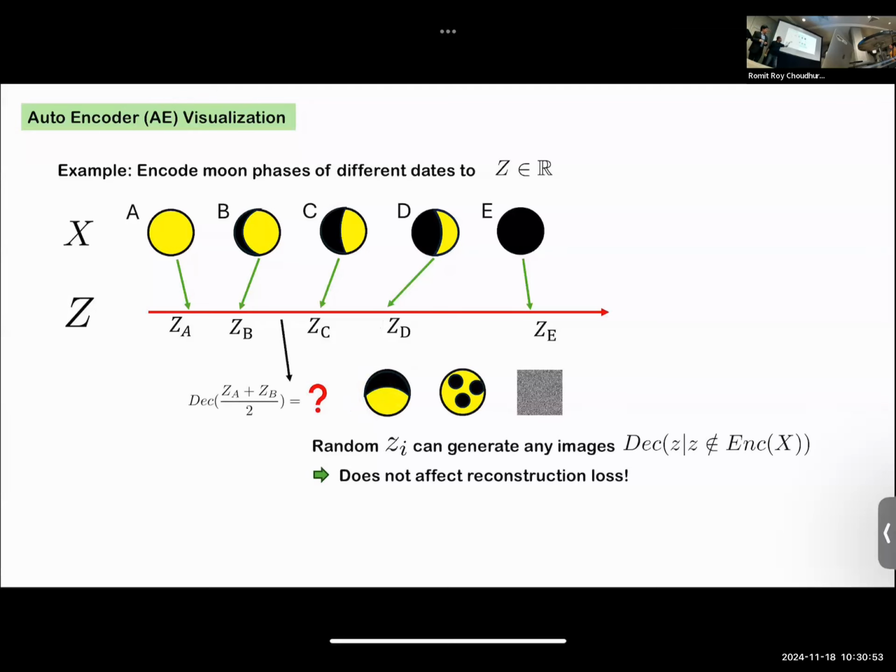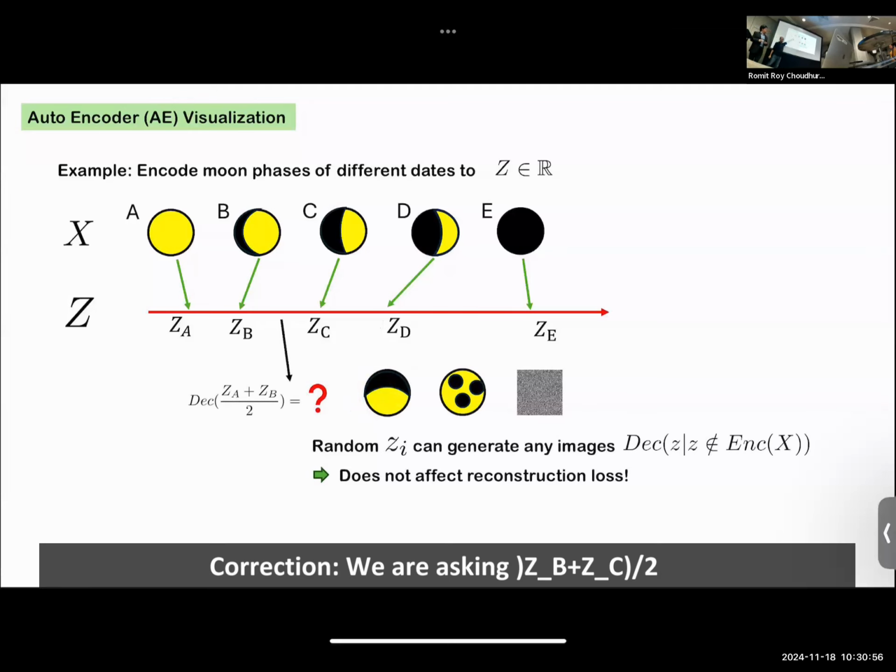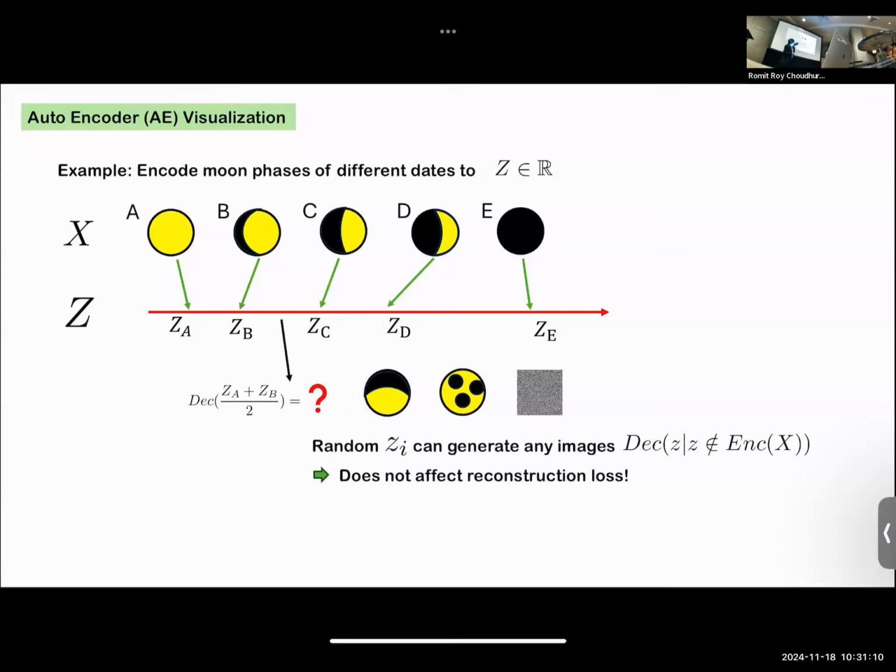If you use an autoencoder and you give this point, what will it give you? Junk. May or may not. Exactly, may or may not. So an autoencoder says that if you sample something in between, it will give you some garbage, no guarantees.